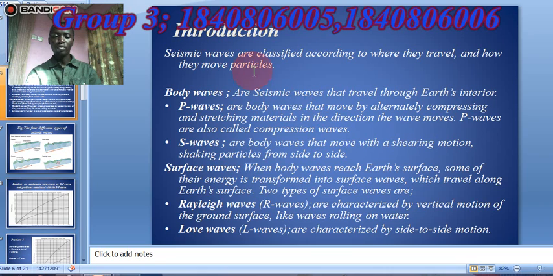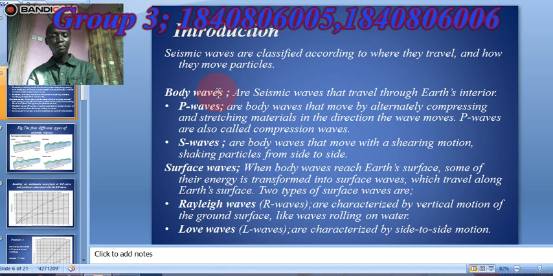So we have two broad kinds of seismic waves, the body waves and the surface waves. The body waves are basically the waves that travel through the interior of the earth, and they are in turn classified into two: the P wave and the S wave.